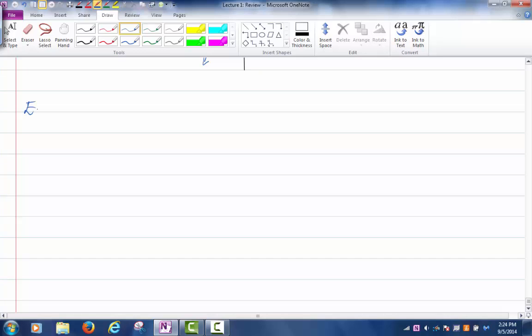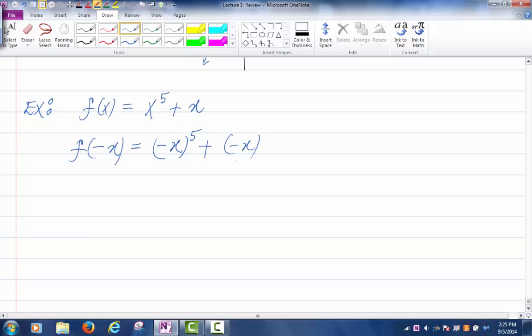So other examples of even and odd functions. Suppose I have the function f of x equals x to the 5 plus x. Is this an even function or an odd function? So how do I check it? Well, to check whether it is even or odd, all you have to do is calculate f of negative x. And what is f of negative x? It will be negative x to the 5 plus negative x. So you replace x by negative x.